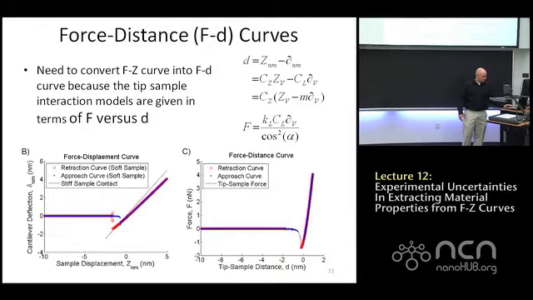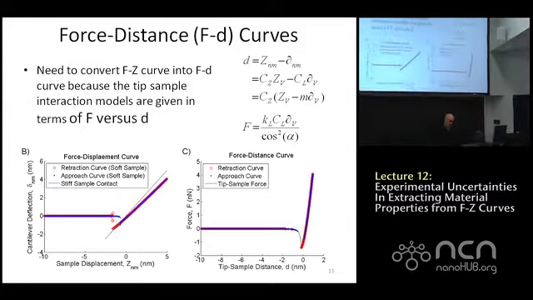No? Then we also have F, which we can write in terms of our observables and calibration parameters, as KLCL delta V over cosine squared alpha. And just graphically demonstrating this, this is our F-Z curve in deflection in nanometers per sample displacement in nanometers.